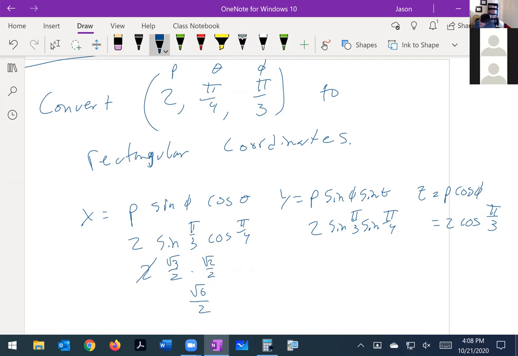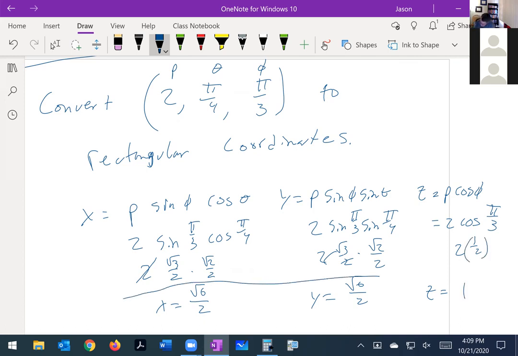Same thing for y: 2 times radical 3 over 2 times radical 2 over 2, which is radical 6 over 2. And then what's z? Z is going to be cosine of pi over 3, which is 1/2. This is 2 times 1/2, which goes to 1.